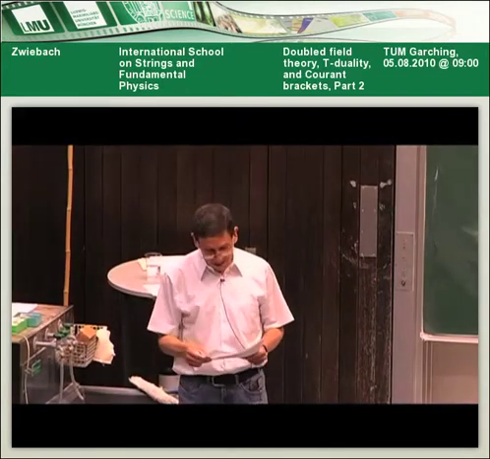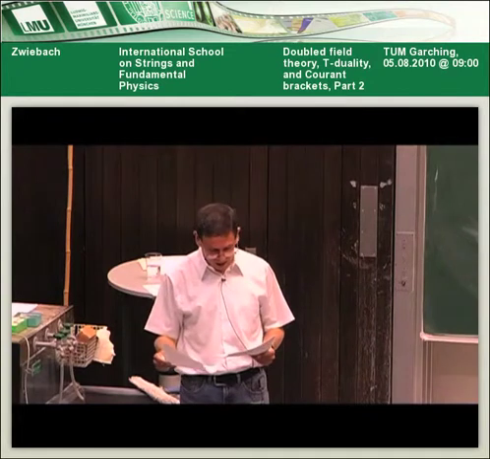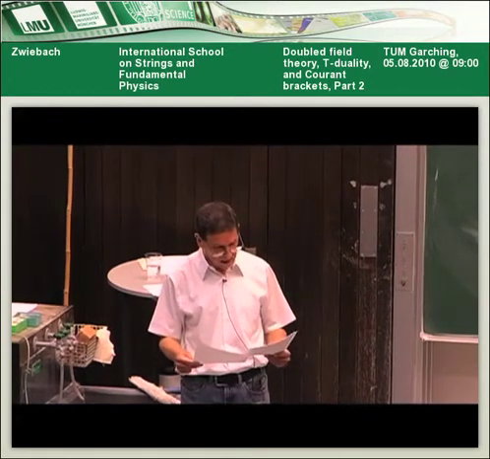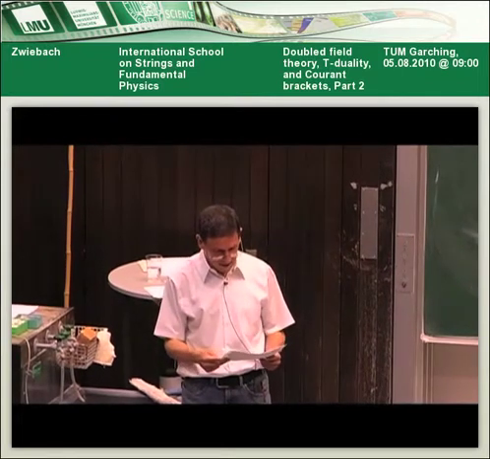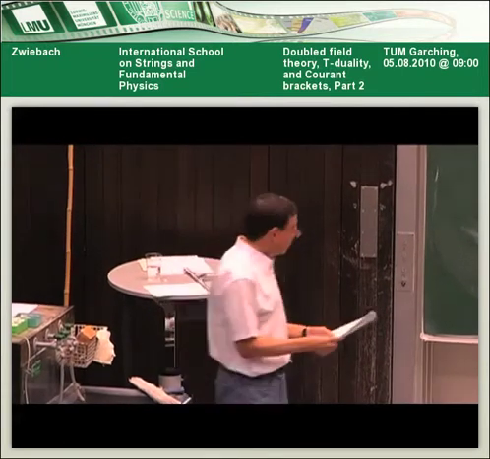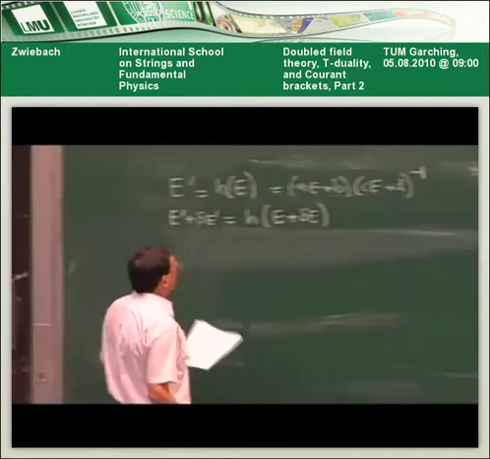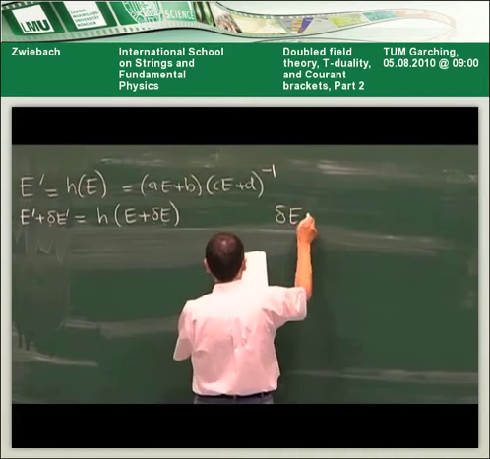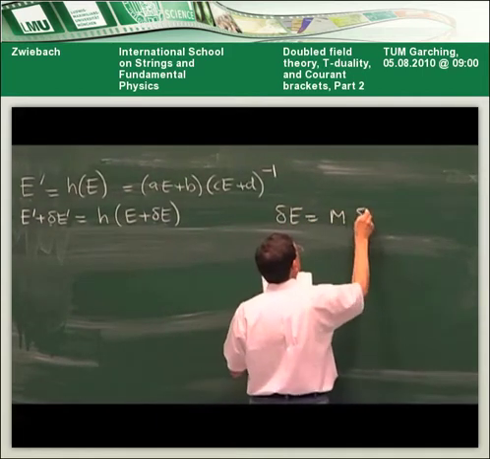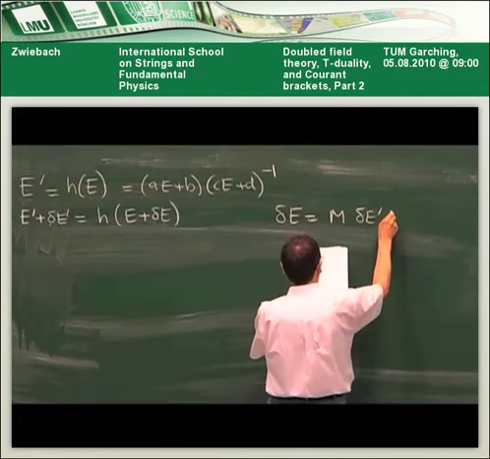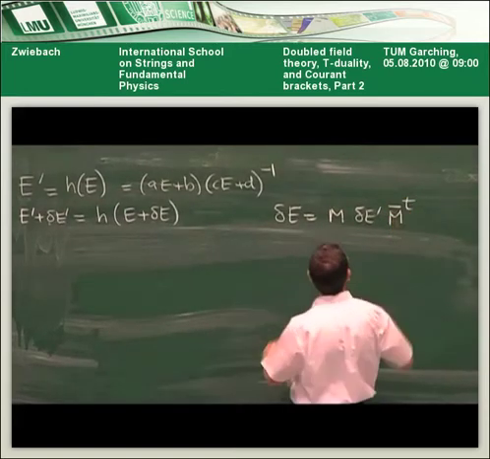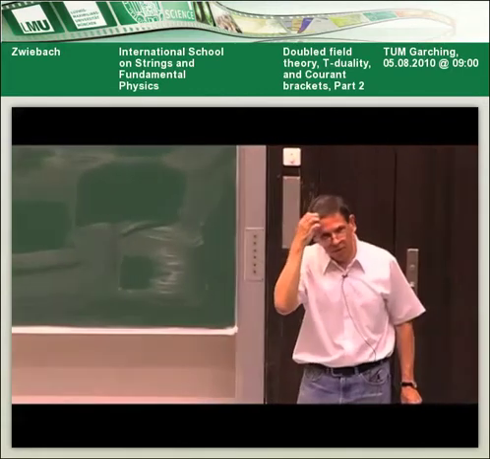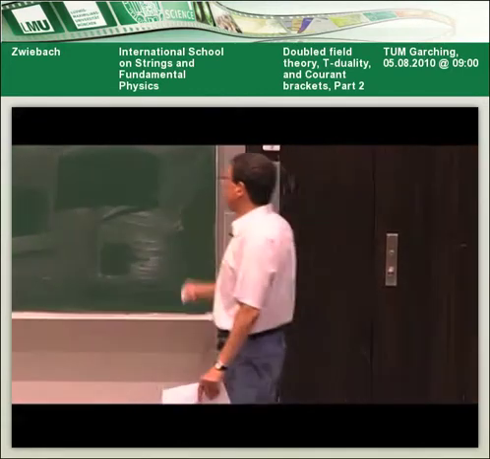Again, you have to do a little bit of calculations. In the notes, I did it explicitly. I think I didn't even ask you to prove anything there. And at the end of the day, in page 15, you get that delta E is actually M delta E prime M bar transpose. Look at that. E is an object that transforms with M and with M bar.